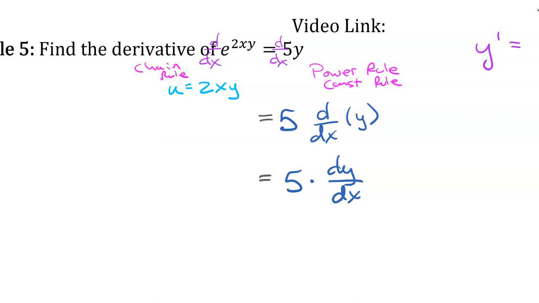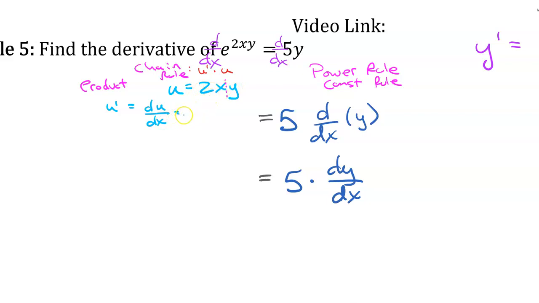So the chain rule says that I need the derivative of the outside times the derivative of the inside. So if my u is 2xy, then I'm going to end up doing the product rule to be able to find u prime, or du dx.